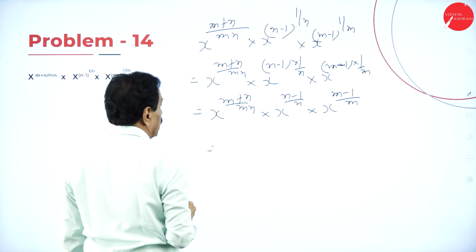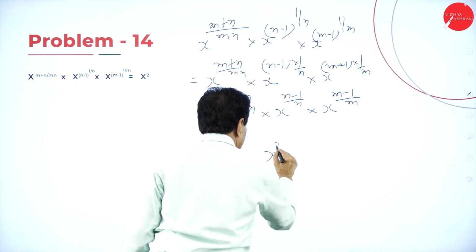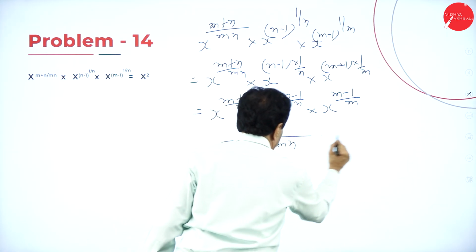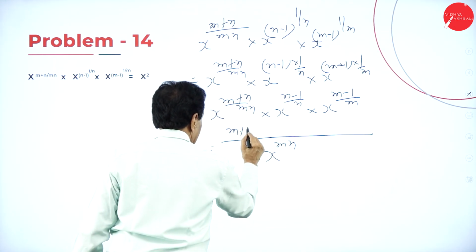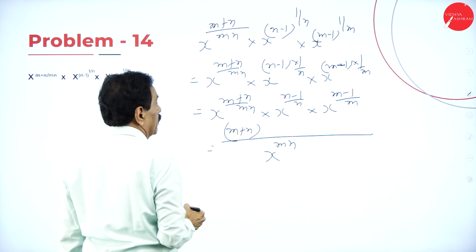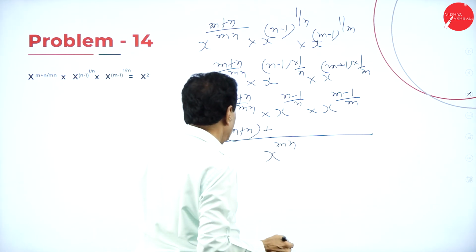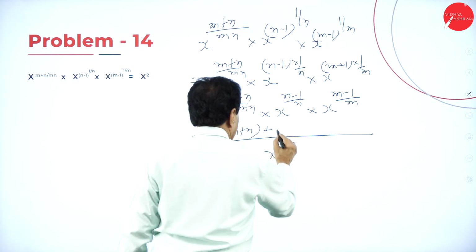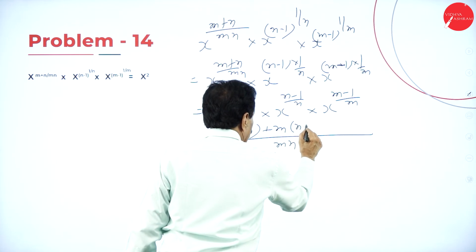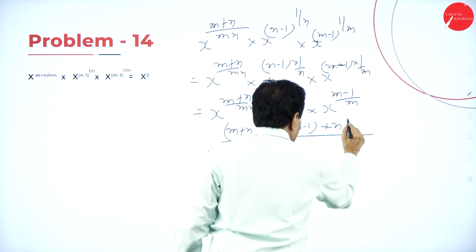If we take x to the power of mn common, what is left over? m plus n, plus, x to the power of mn, n gone. What is left over? m into n minus 1, plus m gone, n into m minus 1.